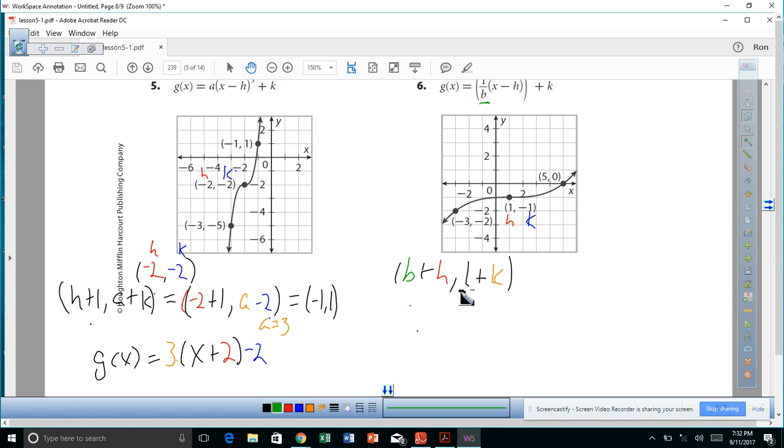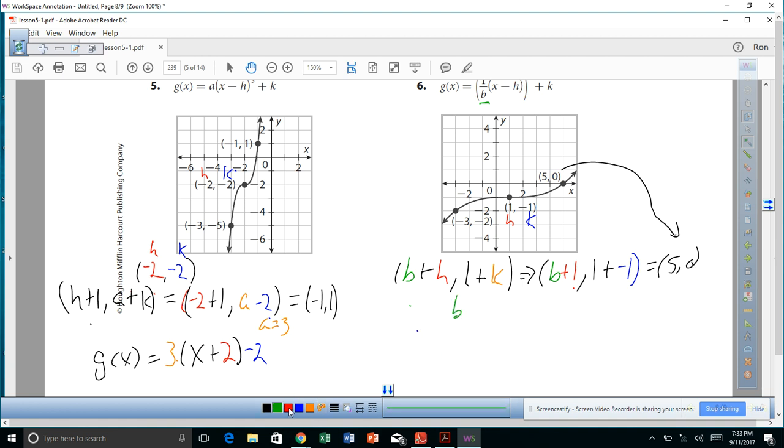We don't know what B is, but we know that B plus H will be plus 1, and we know that 1 plus K is -1. And that is supposed to equal 5, 0, because that's what that says. So 1 plus -1 is 0, not a problem.